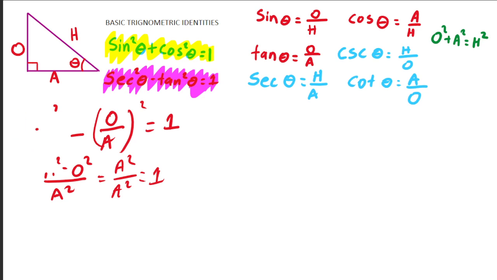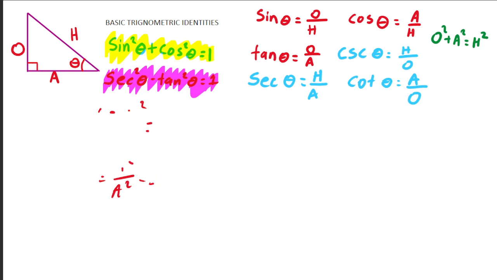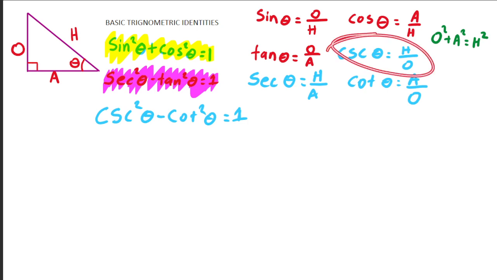So we have one more trigonometric identity to go, and that is cosecant squared minus cot squared is 1. Let me just write that down. What we can do is write cosecant like it's written here, hypotenuse over the opposite side, so that is whole squared.